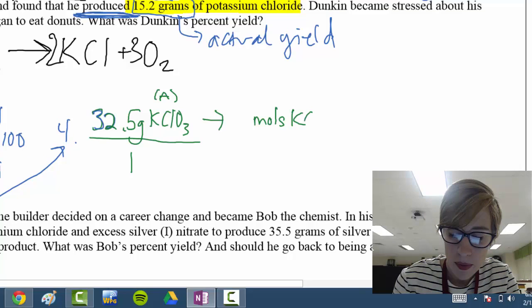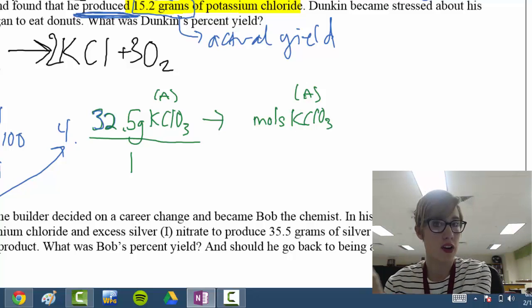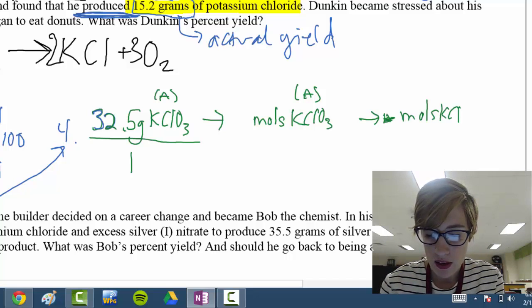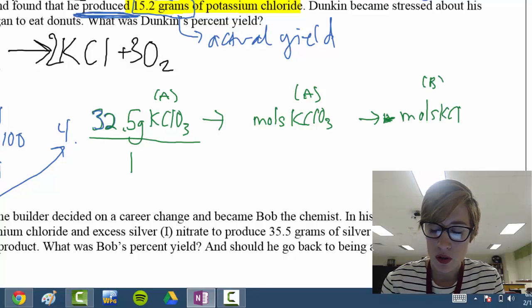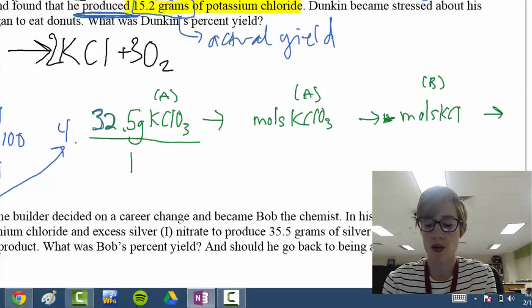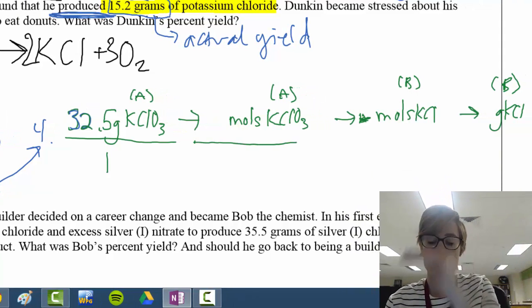I put moles of A, which is potassium chlorate, and then in order to get to my other compound, you always have to go moles of A to moles of B. B is potassium chloride. Now that I'm in moles of potassium chloride or my product, I can go to grams of my product. So I go grams to moles to moles to grams.